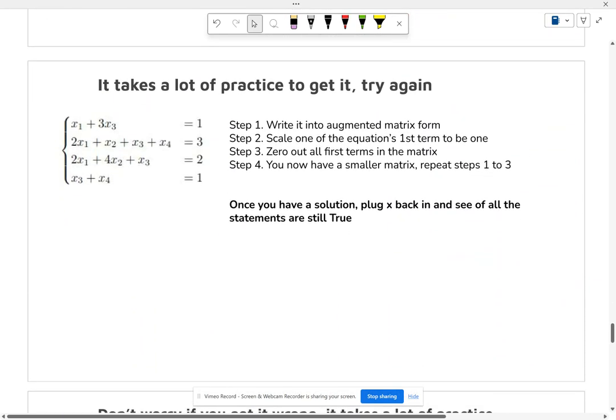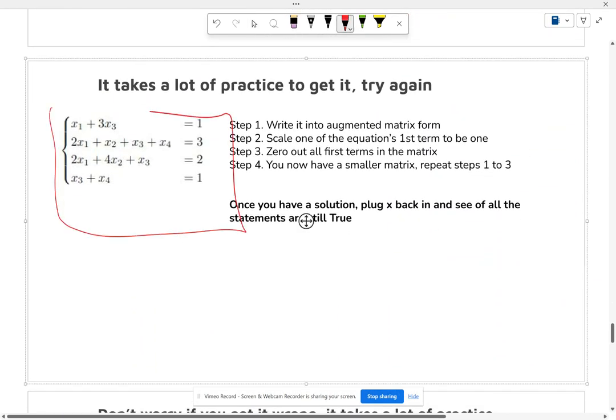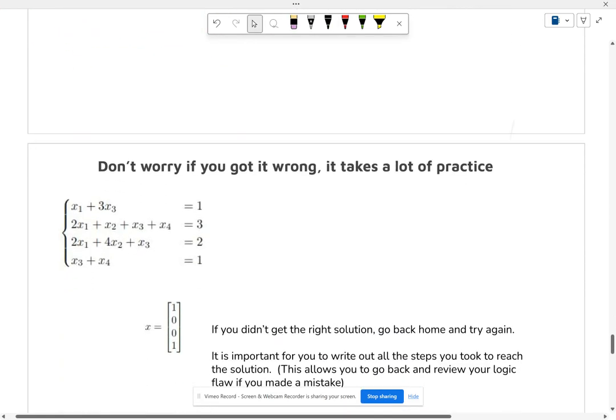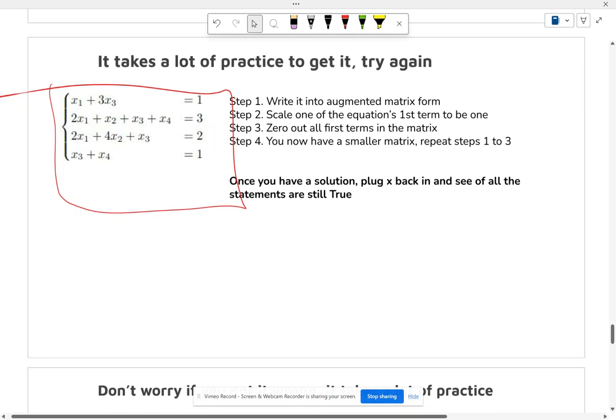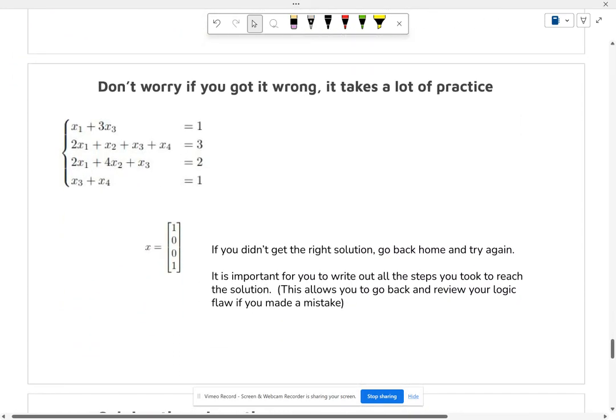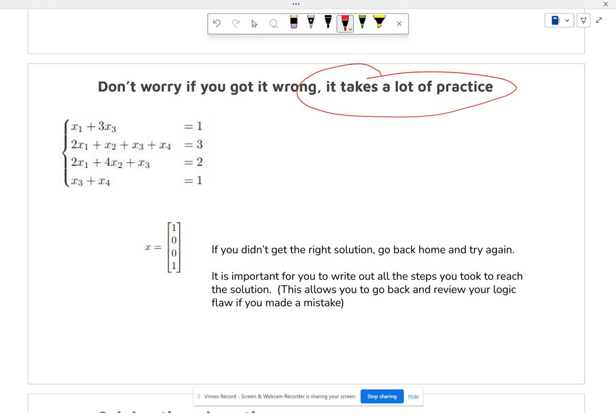After this, try again. It takes a lot of practice to get it. Okay, here's the solution. So pause the video. Once you've solved it, you can check out the solution and see if you got it right. If you don't, try again. It takes a lot of practice. When I was learning this, I was super confused.